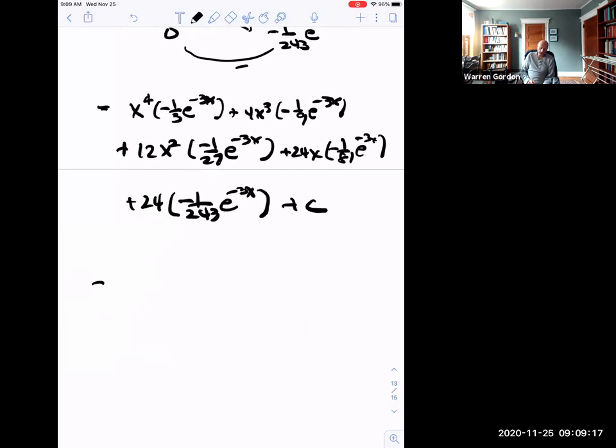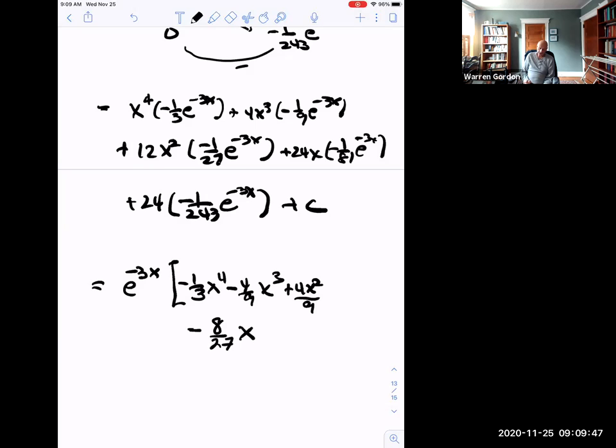I can make this look a little prettier. I can take out e to the minus 3x for everything if I wanted to. Then I would get minus 1/3 x to the 4th minus 4/9 x cubed, plus 4x squared over 9, minus 8 over 27 x, I'm sorry, there's a minus sign, isn't it?